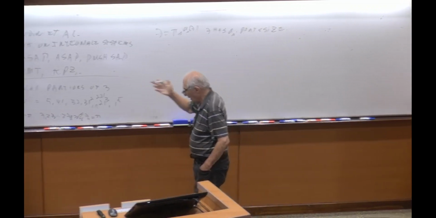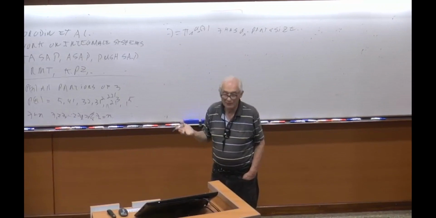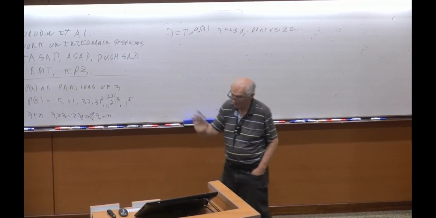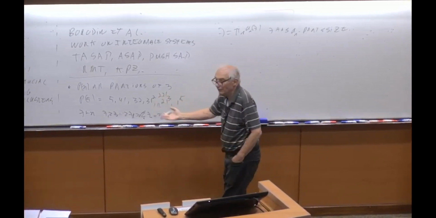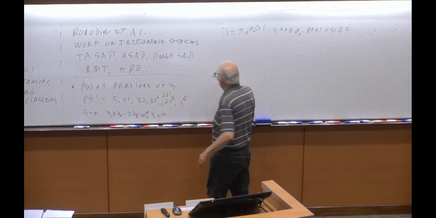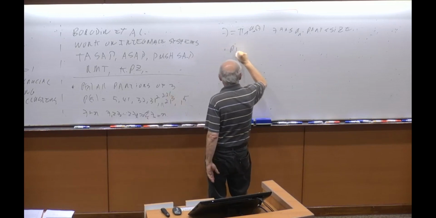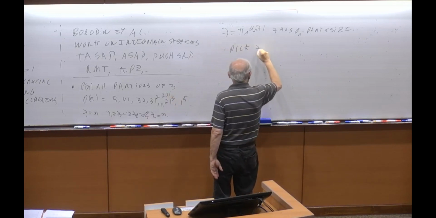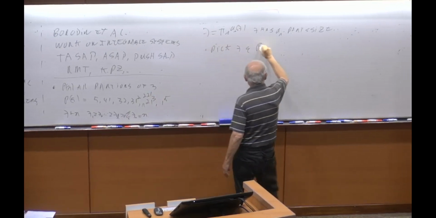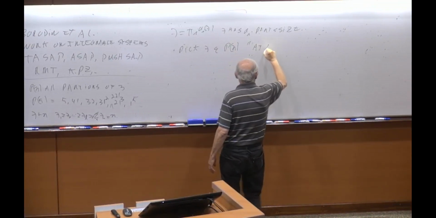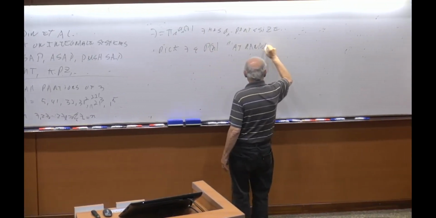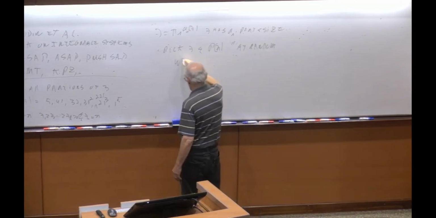And there's a large world of literature, larger than anything in this room, of this kind of thing, the enumerative theory of partitions, Ramanujan, but I'll say it in our language: pick lambda contained in P of n at random. What does it look like?